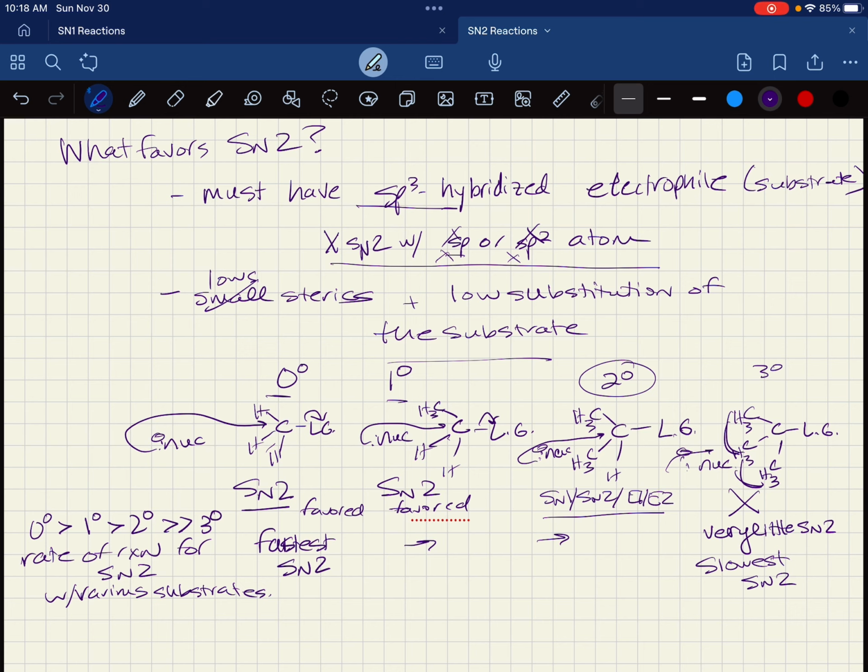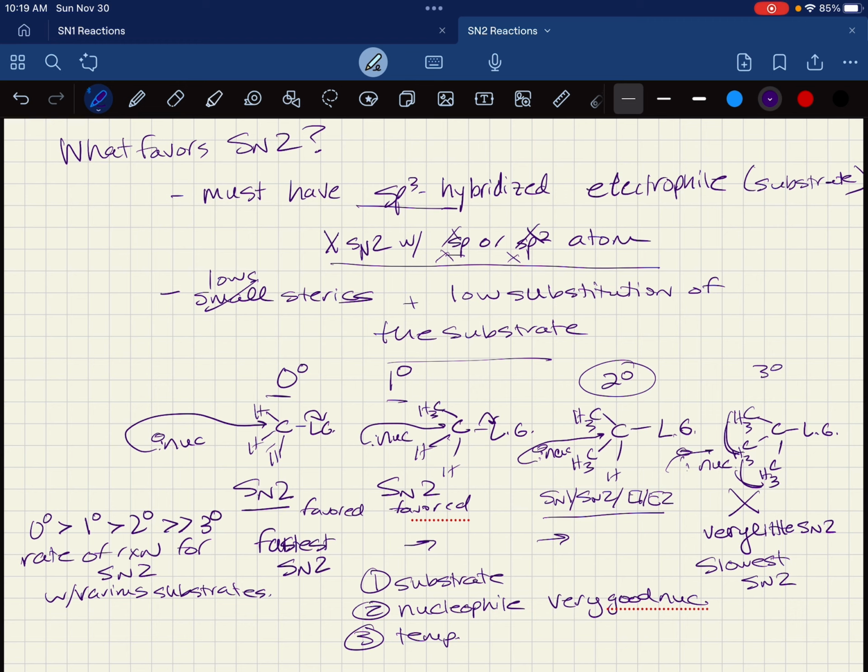So we've got the substrate, which is the first thing we're going to consider. The second thing we're going to consider is the nucleophile. Here we would need a very good nucleophile, and we've talked about what those look like. And then the last thing would be the temperature.